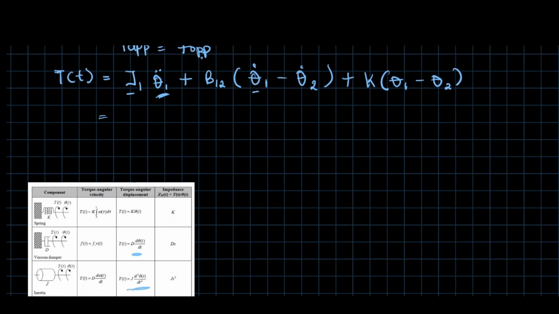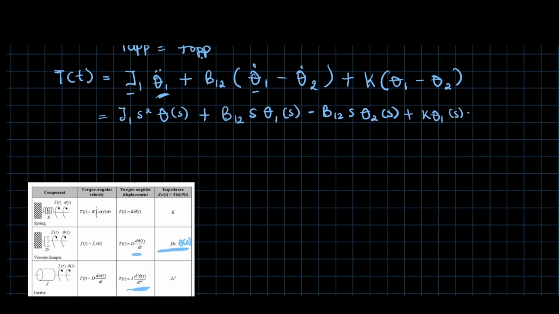This will be J1 s squared theta 1(s) plus B12 s theta 1(s) minus B12 s theta 2(s). You can see at this point they just keep forgetting to add this s here, that's all. Plus K theta 1(s) minus K theta 2(s).